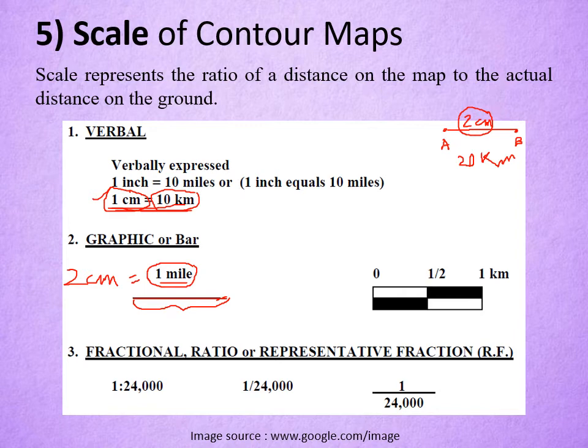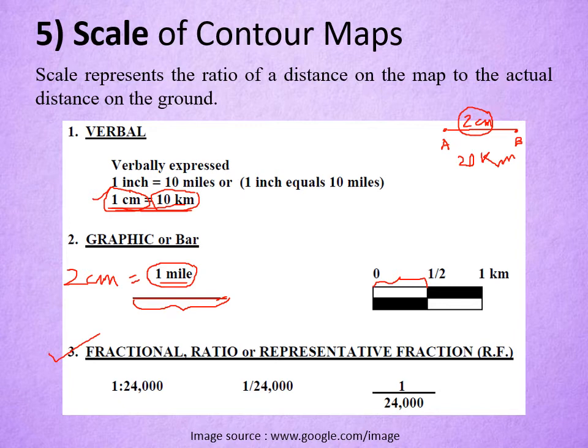Similarly in this type, if it is 1 centimeter, that means 1 centimeter in your map is half kilometer in field, half kilometer in original. And the third type of representation of scale in the contour map is fractional scale or ratio scale.